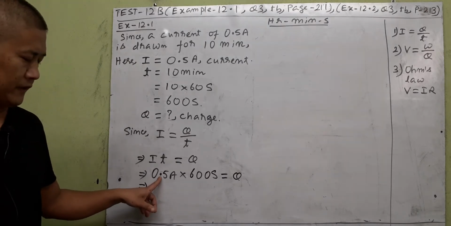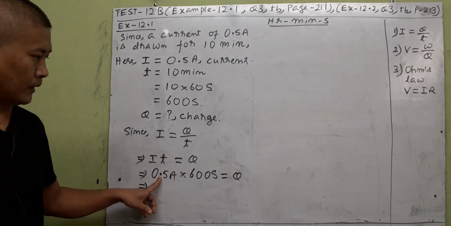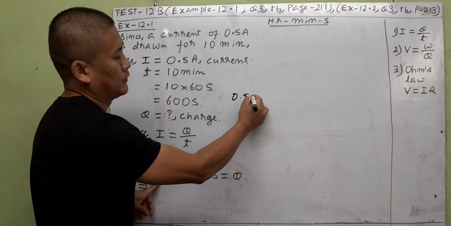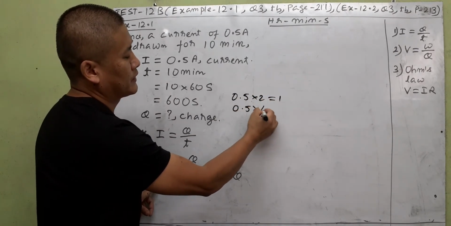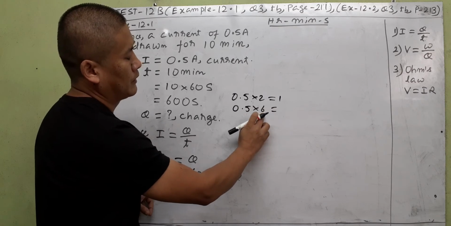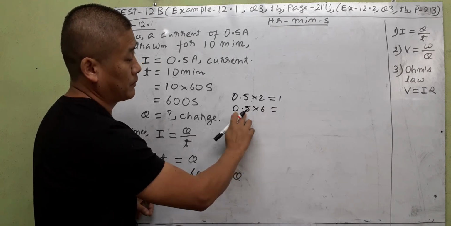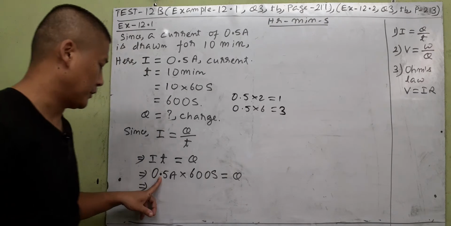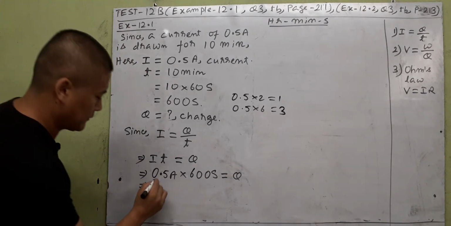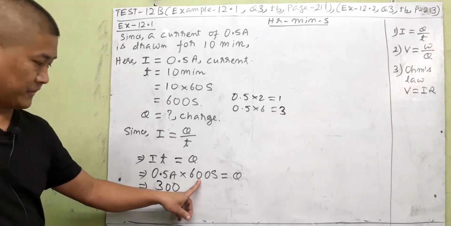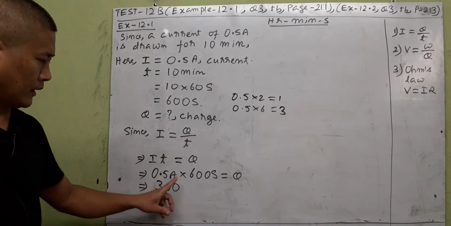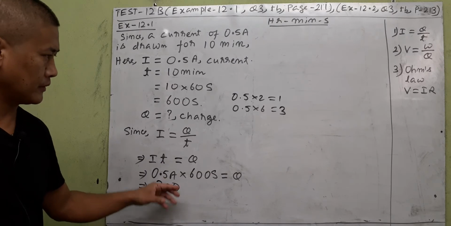Now we know 0.5 means half of anything. 0.5 into 6, half of 6 is 3, so anytime a number is multiplied with 0.5 it becomes half itself. So half of 600 is therefore 300. 0.5 into 600 is 300. Then the SI unit of charge Q is coulomb.